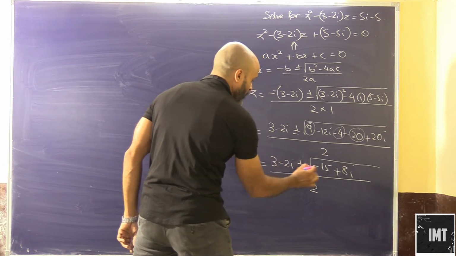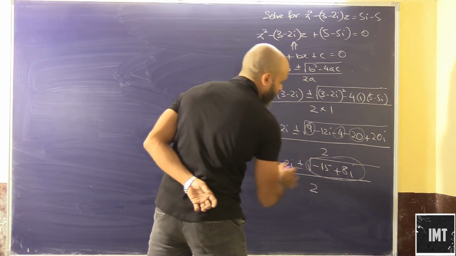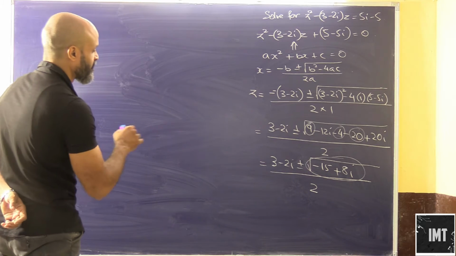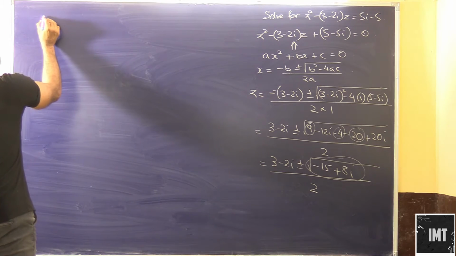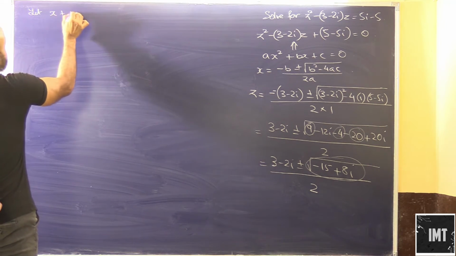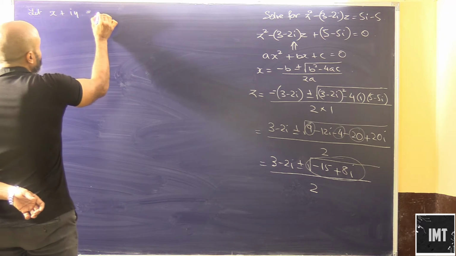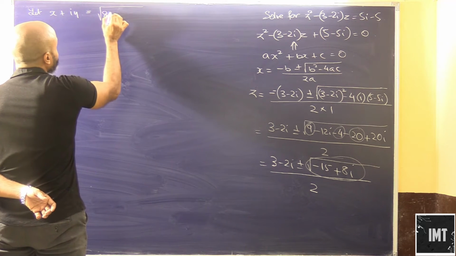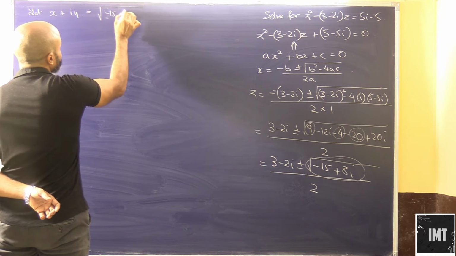So now we have to basically find out the value of this square root. Let x plus iy be equal to under root of minus 15 plus 8i.